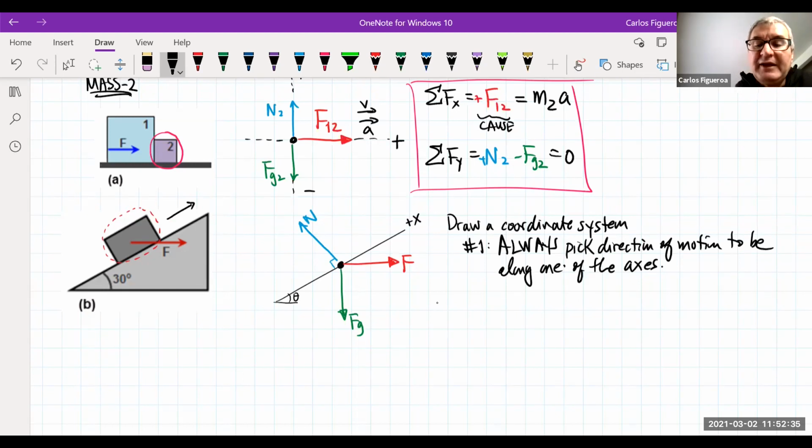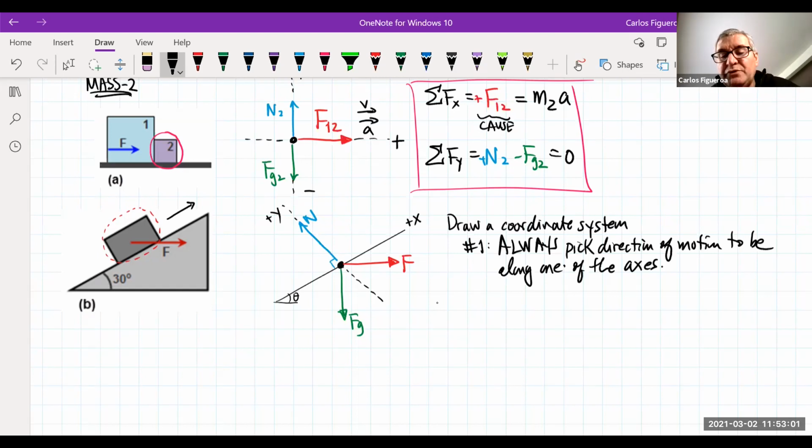My positive x-axis. And since this is perpendicular, this automatically becomes my positive y-axis. And so when you're looking at this thing, I've got to draw vector components now. Note only one vector lies along that axis.